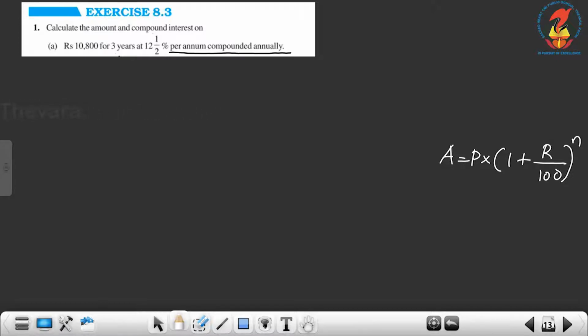Here P stands for the principal, R is the rate of interest, n is the number of years, and A stands for the amount. First of all you have to find out the amount. Then after that we can find out the compound interest, and compound interest is equal to amount minus principal.